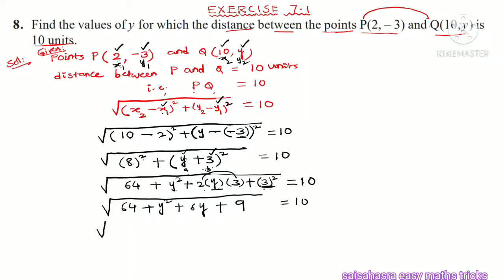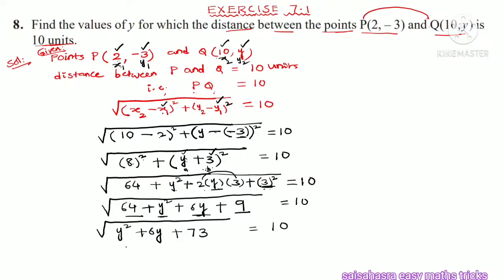In the next step we will write y square, y square only, and the y term is a single term, that is 6y. 64 plus 9 is 73, equal to 10. If you want to simplify further, I want to avoid this square root.